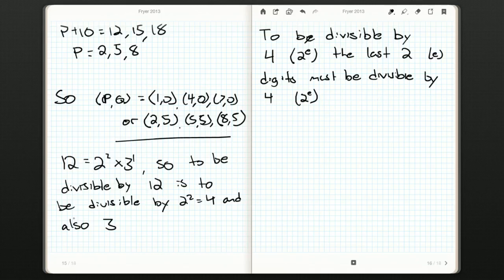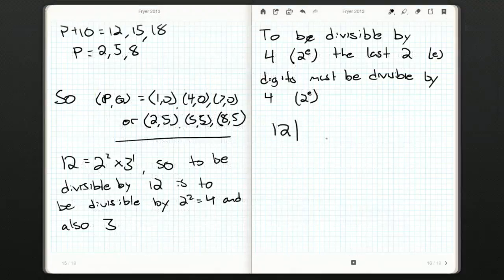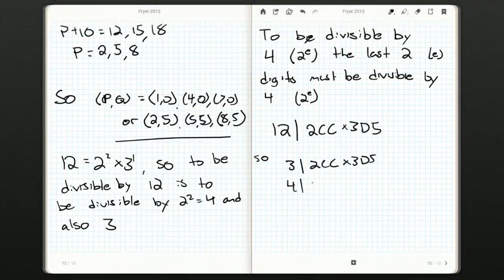Okay. And we want 12 to divide 2cc 3d5. So we need to have 3 divide that, and we need to have 4 divide this.